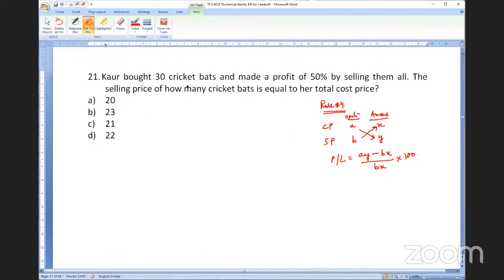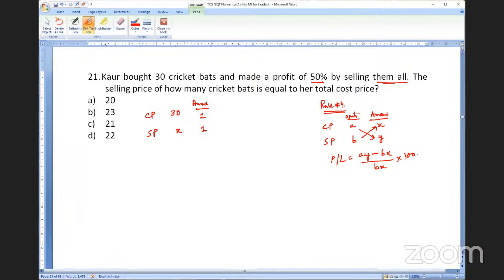Kaur bought 30 cricket bats and made a profit of 50% by selling them all. The selling price of how many cricket bats is equal to her total cost price? So let the cost price of 30 bats be 1 rupee, which equals the selling price of how many bats.